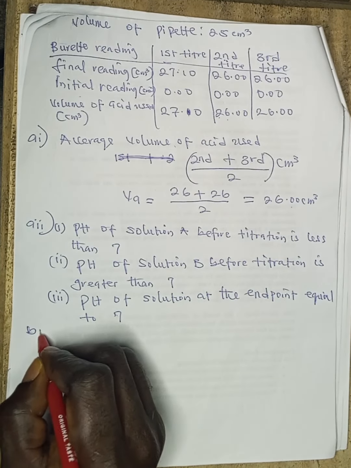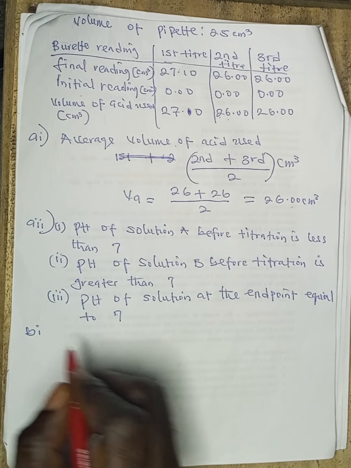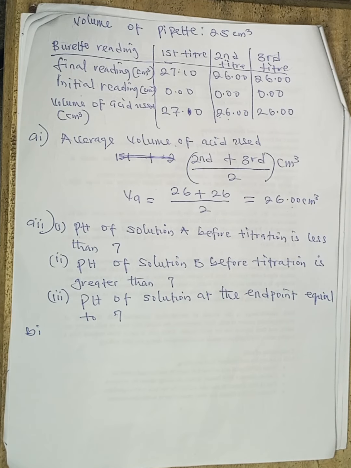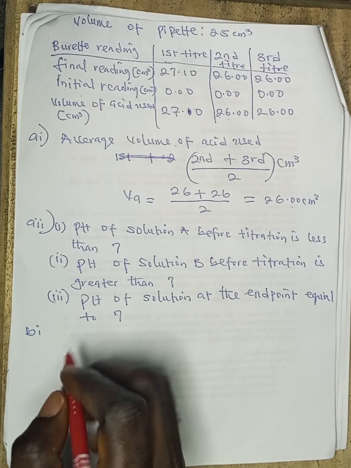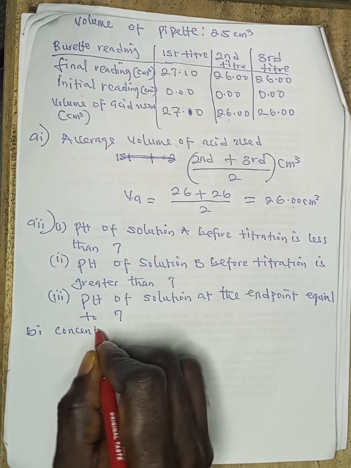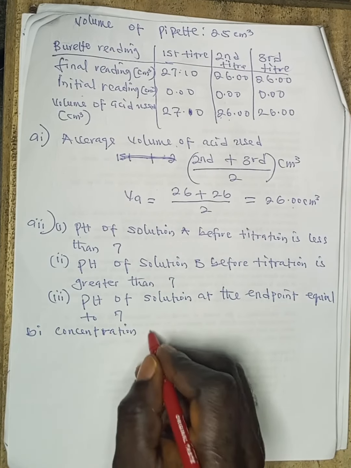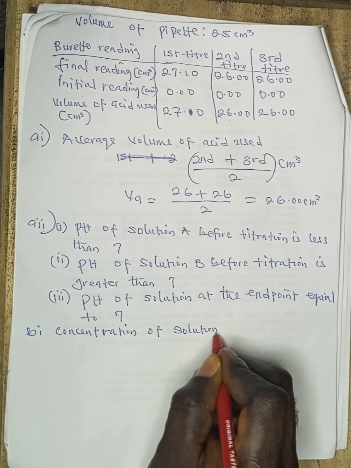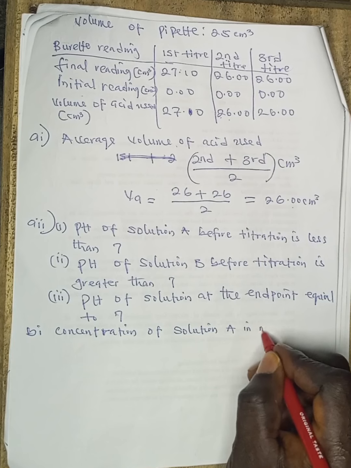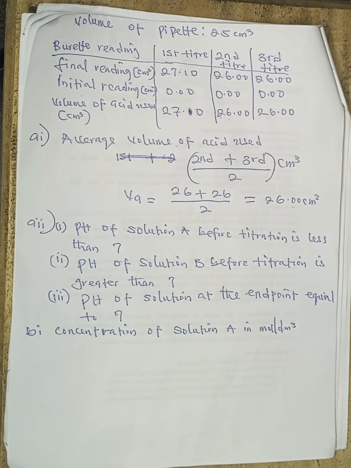This is question A, what you are asked about question A. Now question B, we have BI and BII. You are asked to calculate the concentration of solution A in moles per dm³, the concentration of solution B in moles per dm³, the concentration of solution B in grams per dm³, the percentage of solution B, and also why sodium nitrate does not take part in the titration.